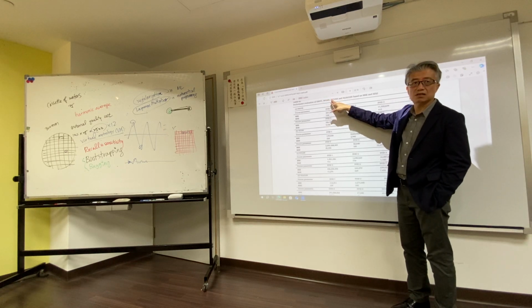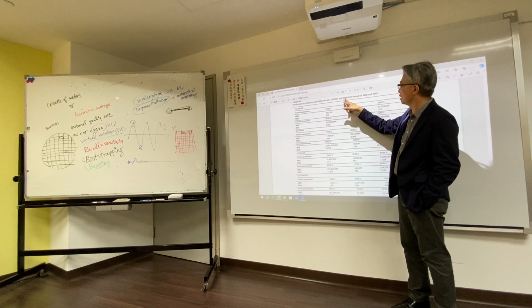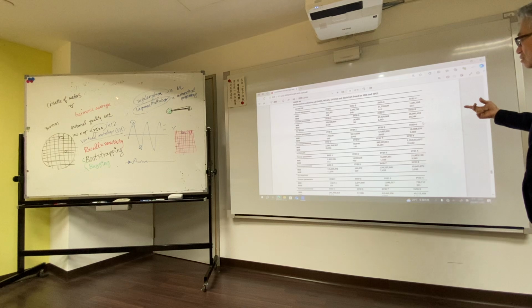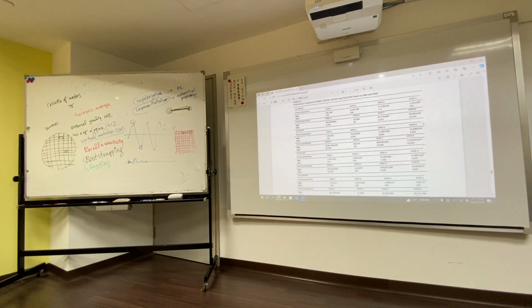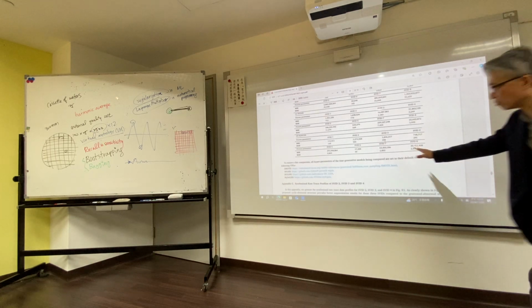DCGAN, a convolutional GAN, and the style. I also compared to the diffusion model as well. So this is the result. The CycleGAN exhibits much better results. And these are some references.